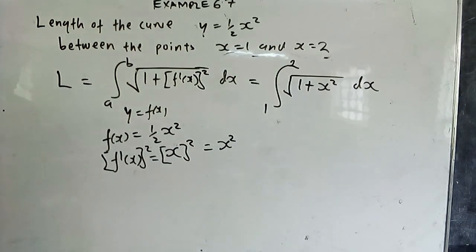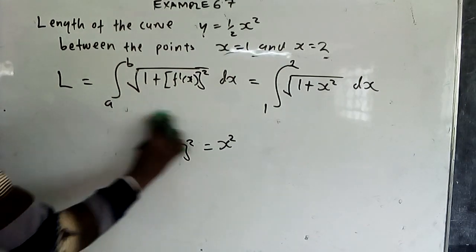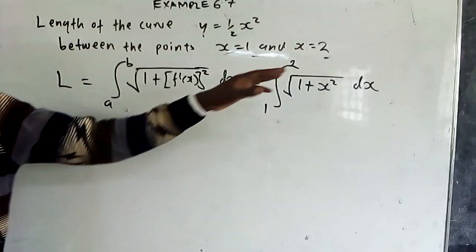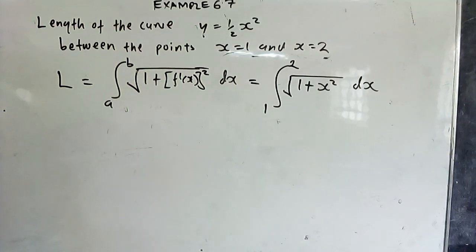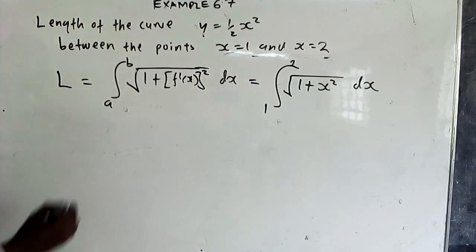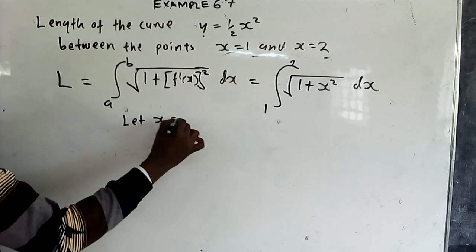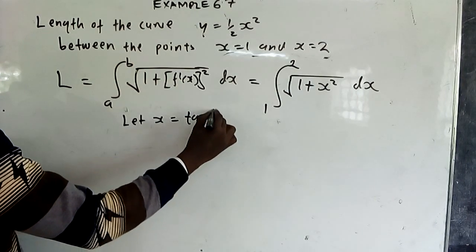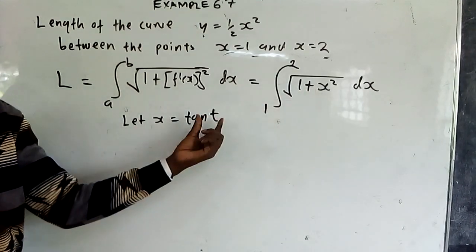If you look at that problem, you can see it is very simple. Anytime you see 1 plus this squared, that is a case of the tan function, meaning we substitute tan. Let x be equal to tan t, where there is x we put tan t.